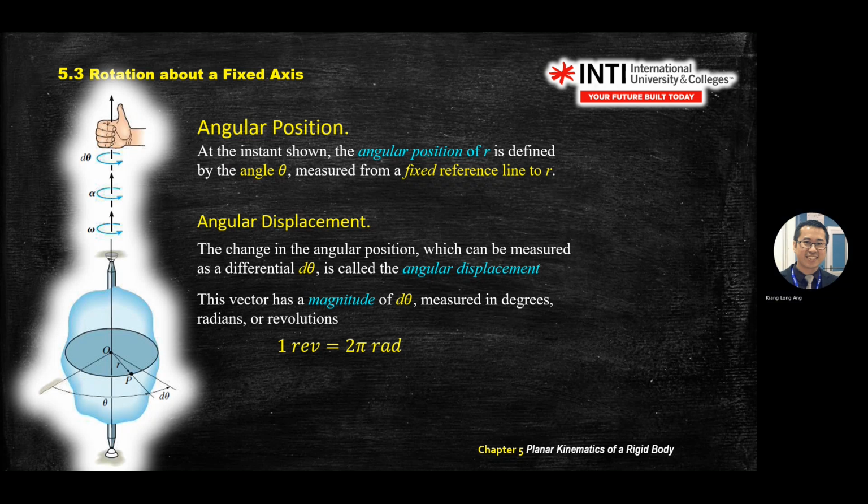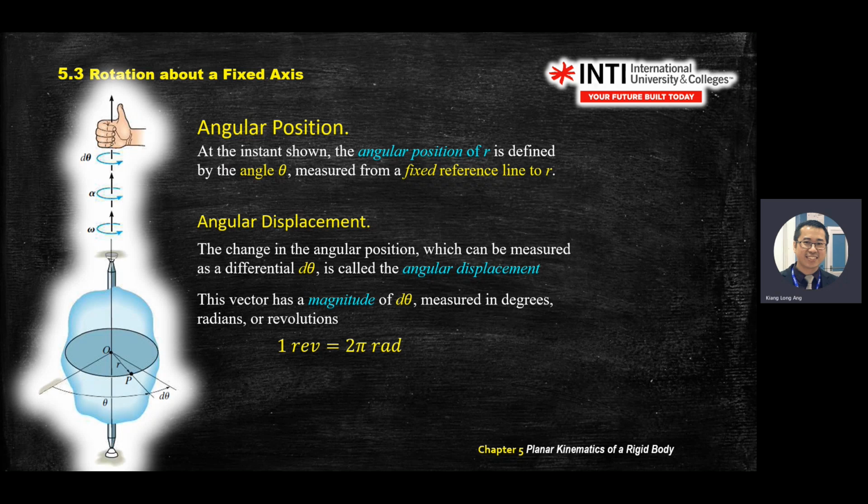Before that, in partial circular, there's an equation S equal to R theta. This is in radian. And if you rotate one revolution, one cycle, how many degrees? 360. 360 equal to 2 pi radian.